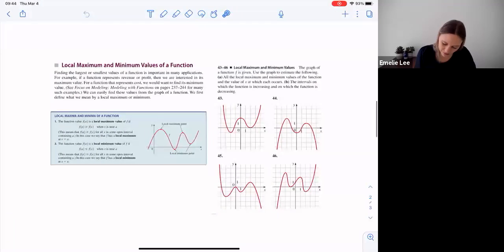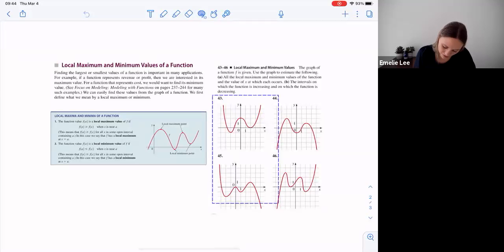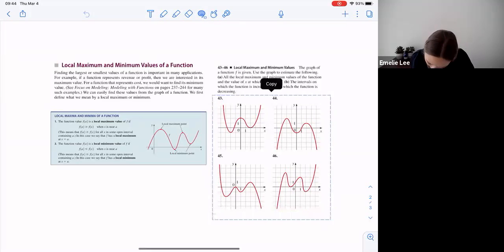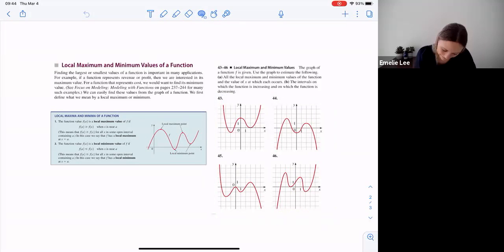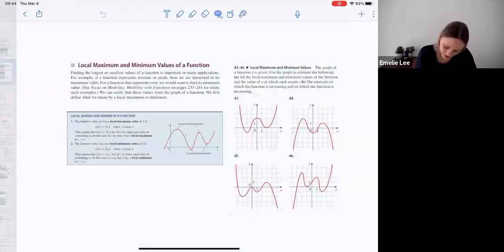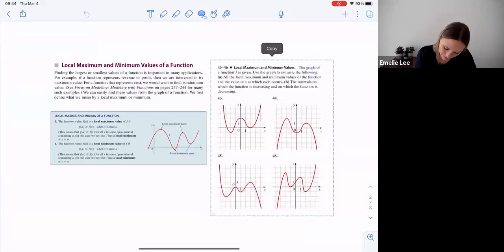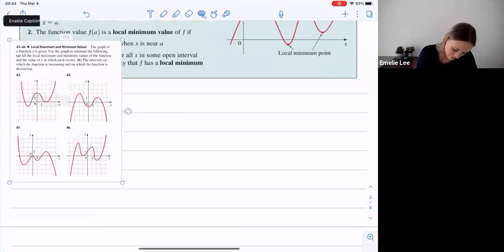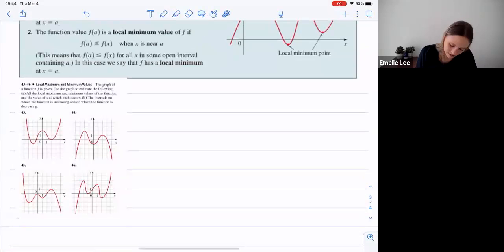Okay. So what I want you to be able to do from these problems is, I guess I should grab the whole question. So for these problems, I'm going to give you a graph, right?